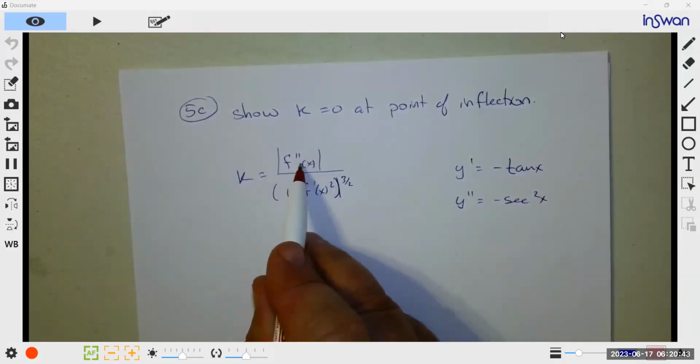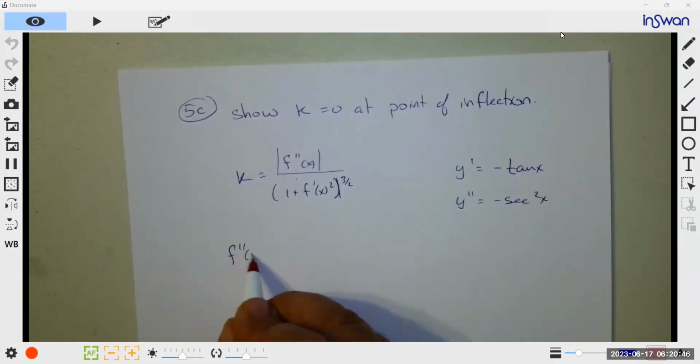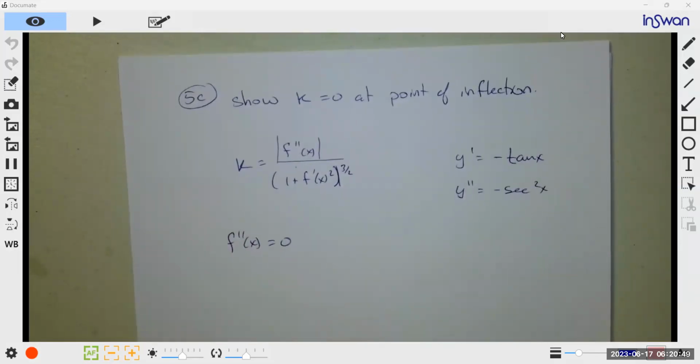What would make this equal to 0? If the top was equal to 0. What would make that equal to 0 would be if the top is 0, because it's a fraction.